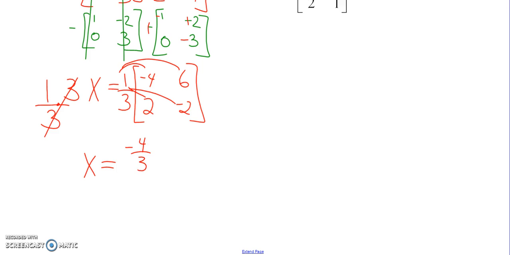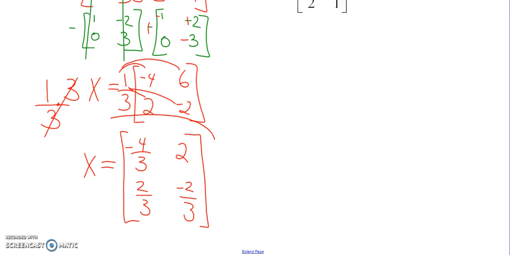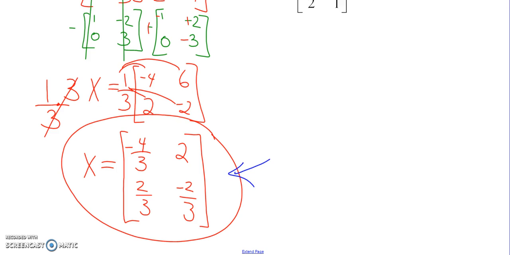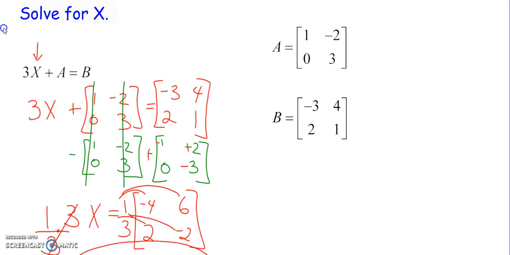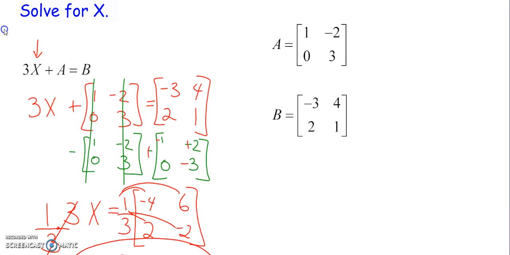That's going to be negative 4/3, 2, 2/3, and negative 2/3. So there's my 2 by 2 matrix answer, using operations on both sides to solve for a missing matrix. If I took this matrix as our answer, multiplied it by 3 and added A, I will get B as an answer.